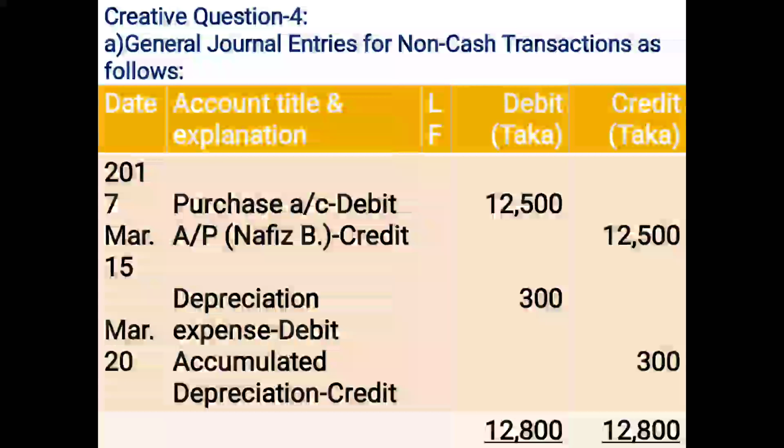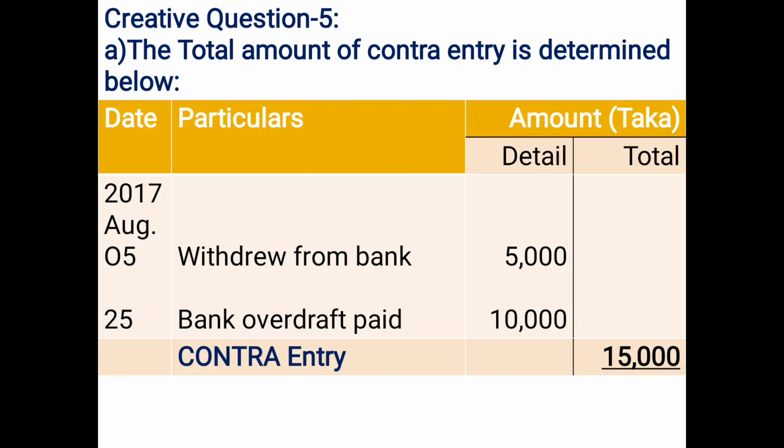Now we can go to requirement A, creative question number 5. Determine the total amount of contra entry. Dear learners, from the rules of preparing a cash book, we have two contra entries.